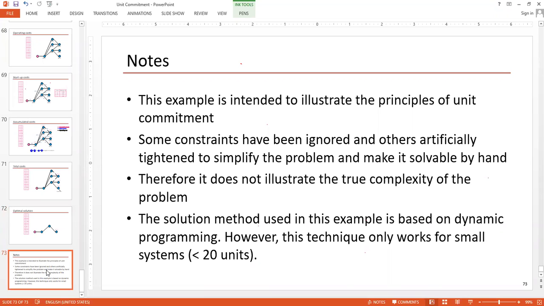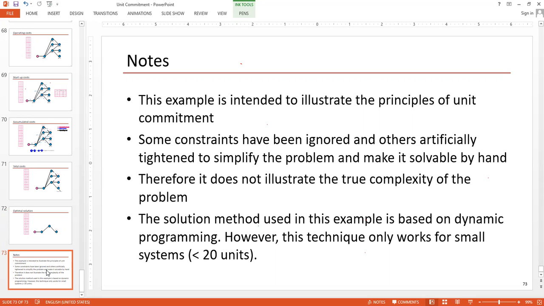The most complex one is, of course, case number 3 for the previous example, which is not shown, and I hope you have a crack at that. This last example is basically just to show how the minimum uptime and the minimum downtime might affect the feasibility of the states. Okay, and some constraints we have intentionally ignored here.